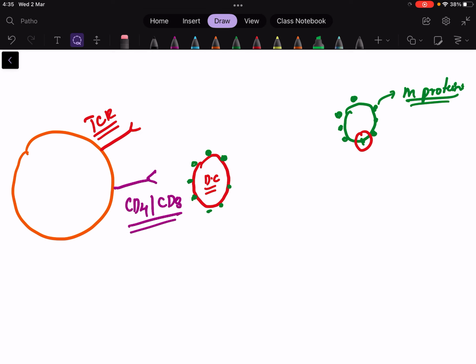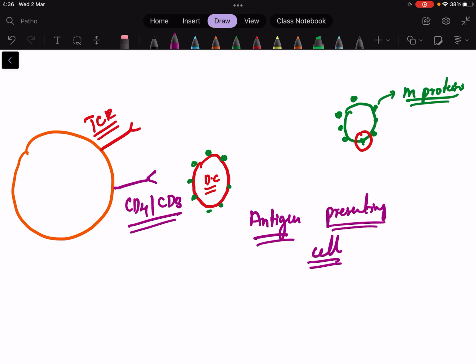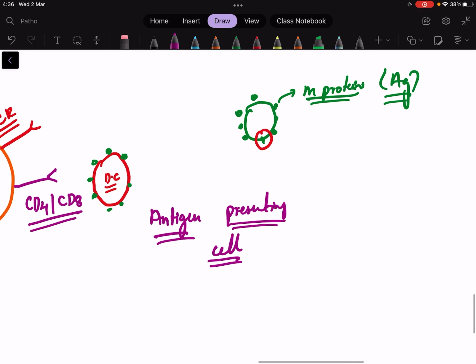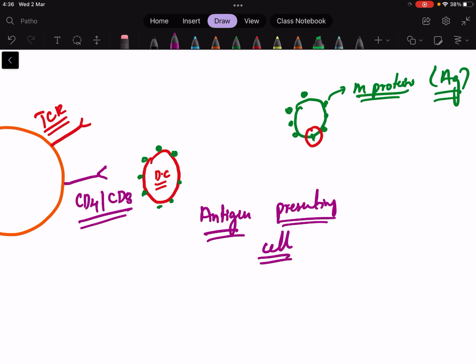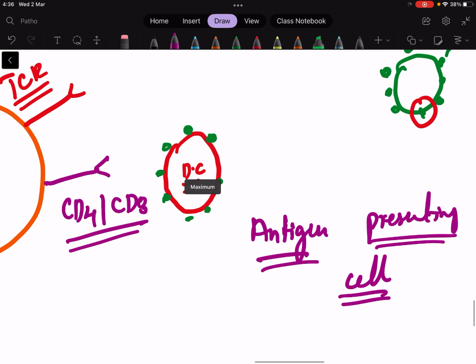So the dendritic cell is called your antigen presenting cell. Why is it called an antigen presenting cell? It takes the antigen M proteins, digests the antigen inside its body and displays it on the surface of its cell.